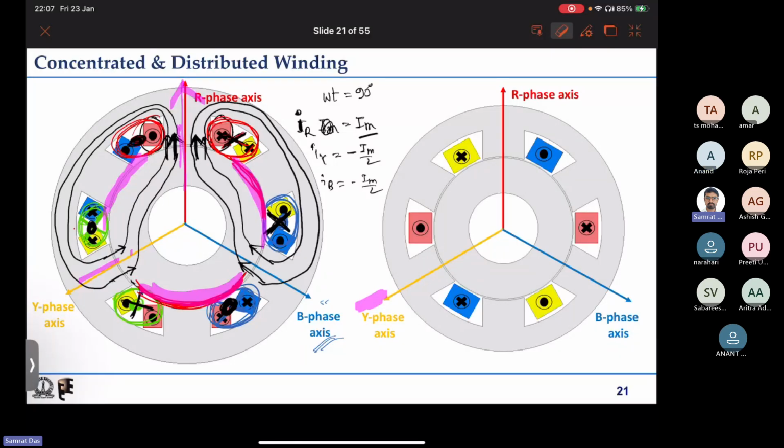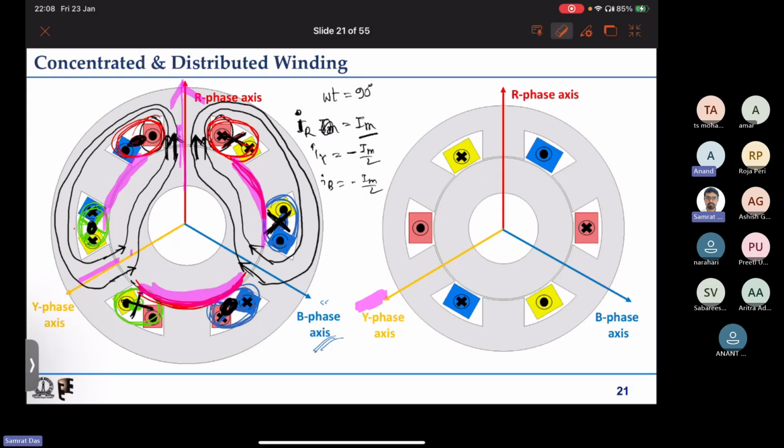Are you asking anything regarding the question asked, that is, instead of two poles, instead of distributing the R phase coils, or regarding what I discussed initially? Yes, regarding this one only.